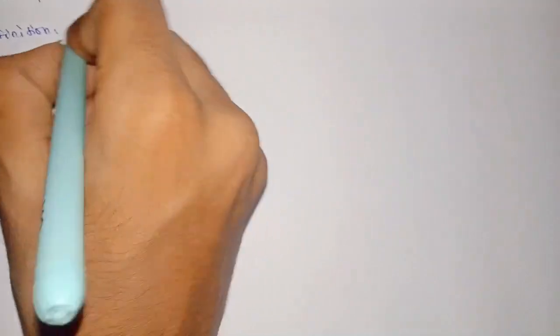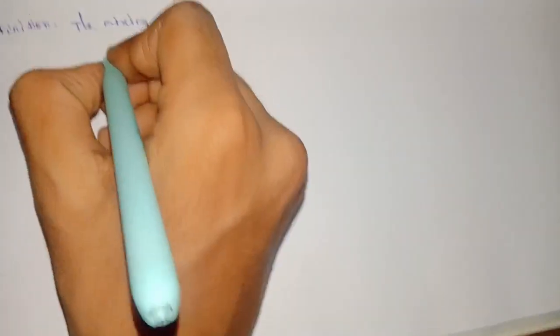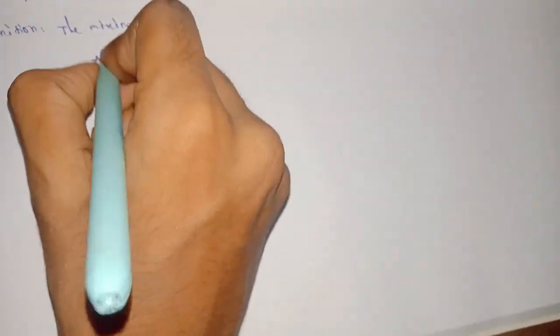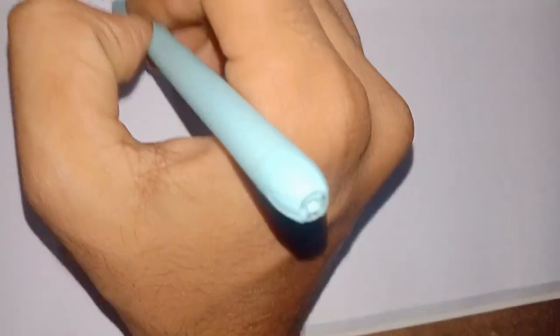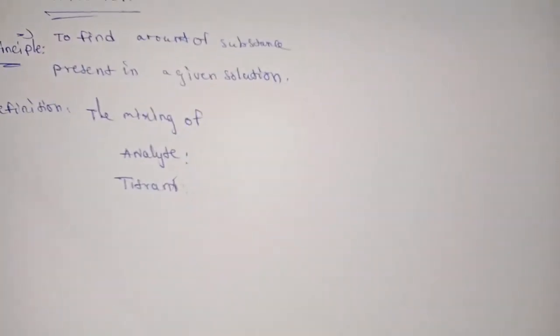Then what is the definition? Simply, the mixing of analyte and titrant. You will get a doubt about what analyte and titrant are. The definition of titration is the mixing of analyte and titrant.